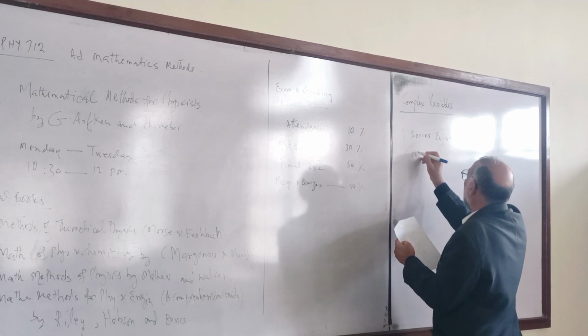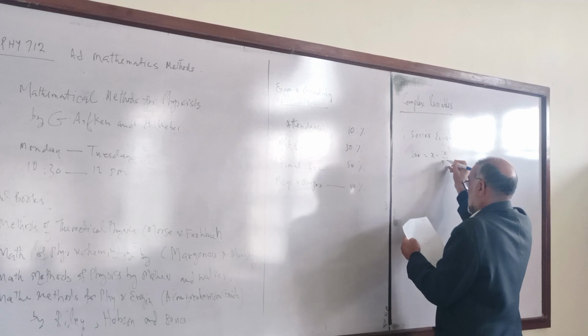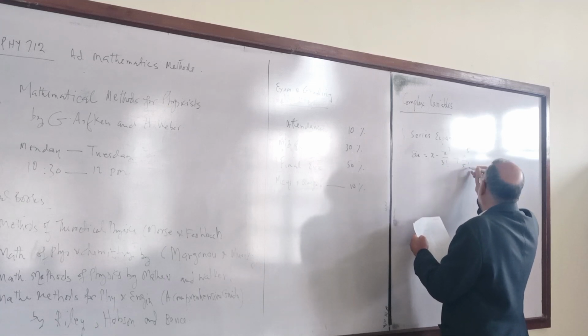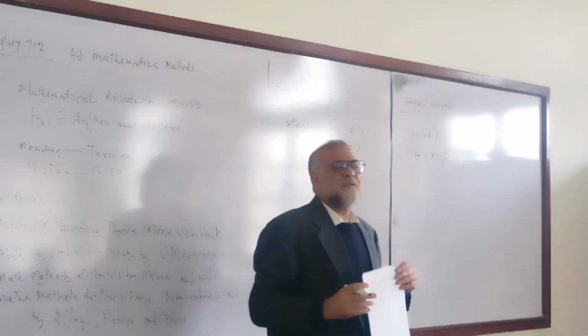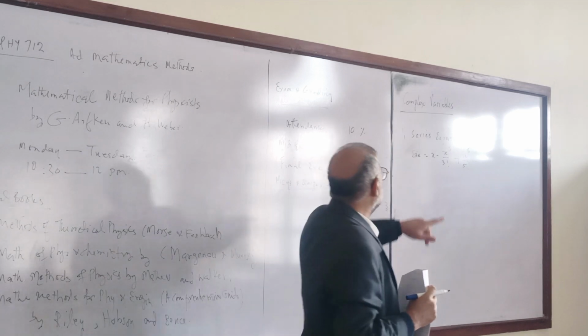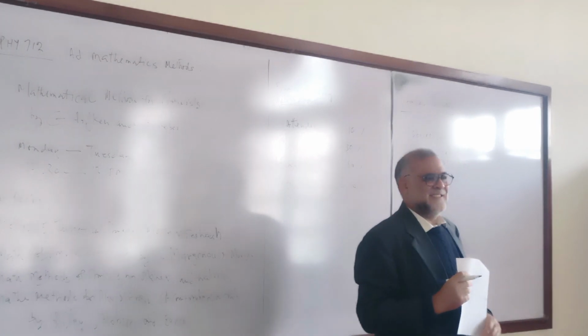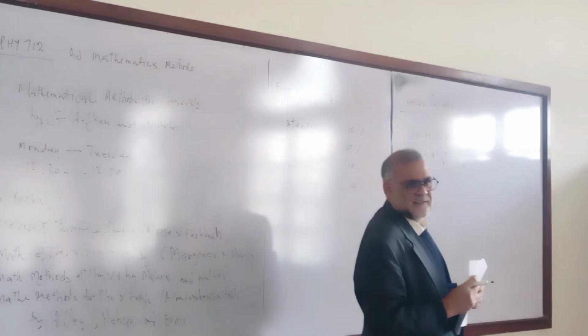We said sine x is equal to x minus x cubed over 3 factorial plus x to the 5 over 5 factorial and so on. This is how we define the sine function. This is how the sine function is expanded.